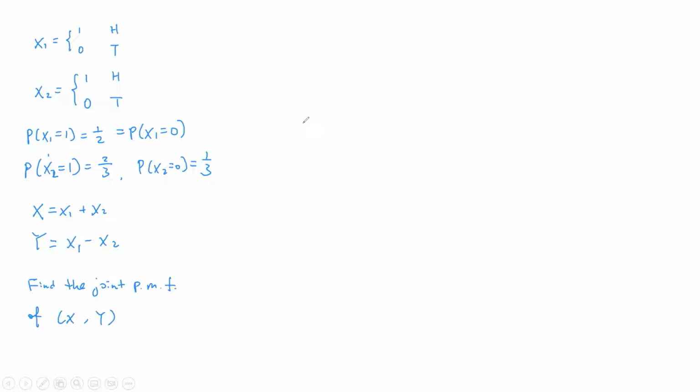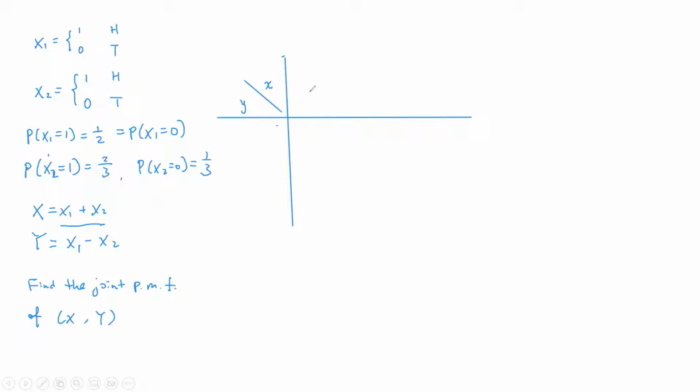This is one way of showing a joint PMF, just to use a table. Sometimes we use a function, and we're going to have another example shortly. All right, so let's draw a table. Here are the possible values of X and the possible values of Y. X is the sum of the two random variables, and each can take either 1 or 0.